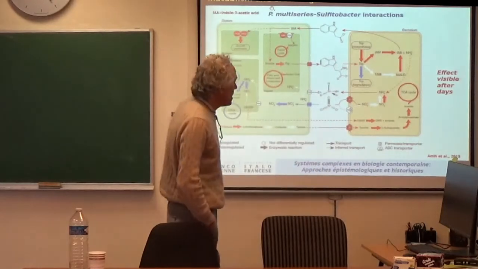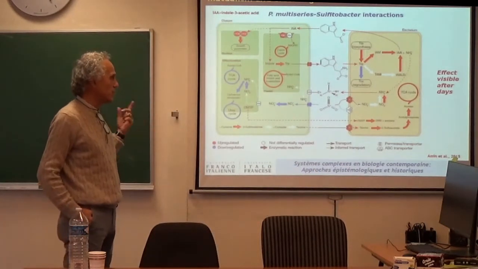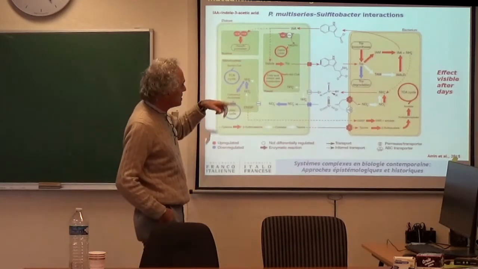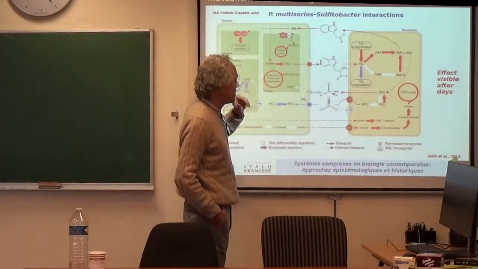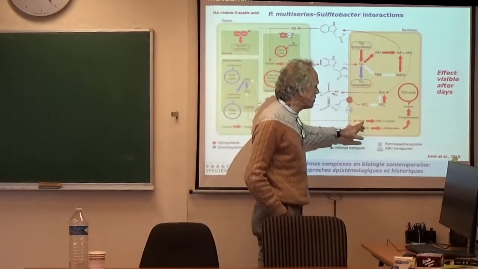So we know that these mechanisms are active, and we even know that there is some relationship that is not just trophic, but also informational, because this interaction is between a diatom and a bacterium.